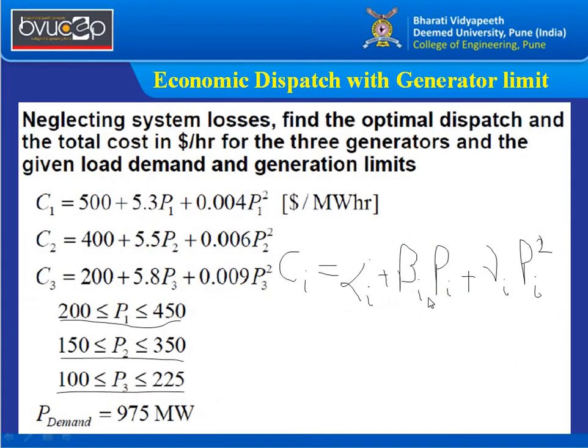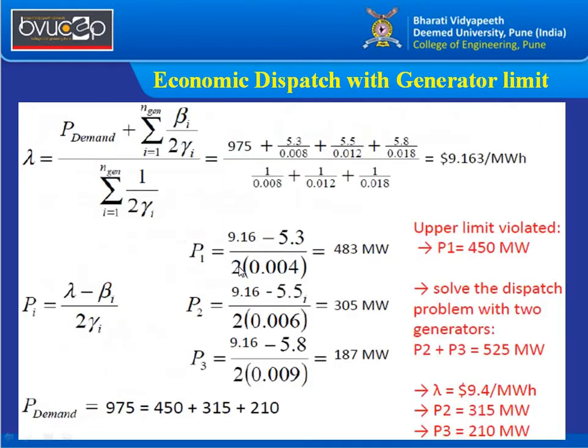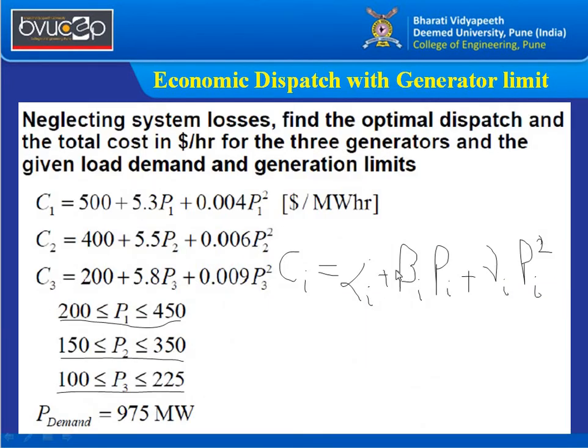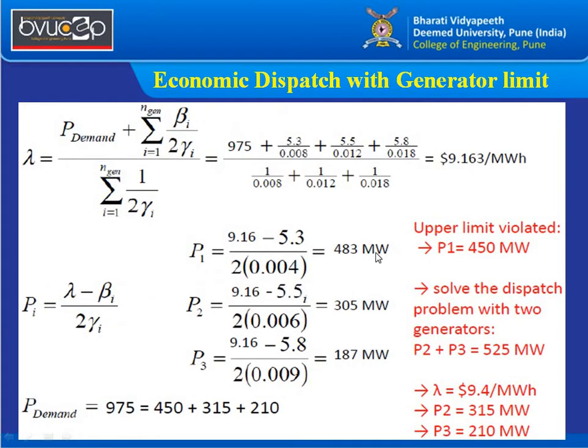Now you can refer to this particular equation and relate these three generating objective functions and obtain the values of beta 1, beta 2, beta 3, gamma 1, gamma 2, gamma 3 respectively for the three generating units. So here I equal to 1 to 3 because we have three generating units, beta i divided by 2 gamma i. Similarly, the denominator is summation of I equal to 1 to 3 generating units, 1 upon 2 gamma i.